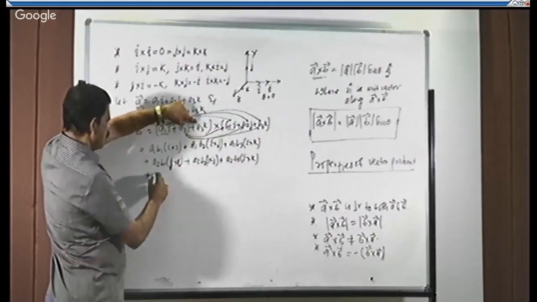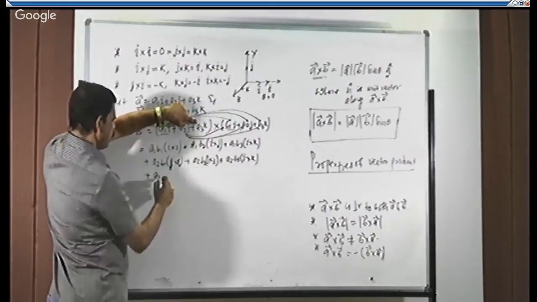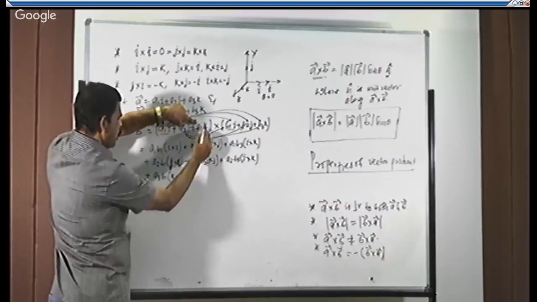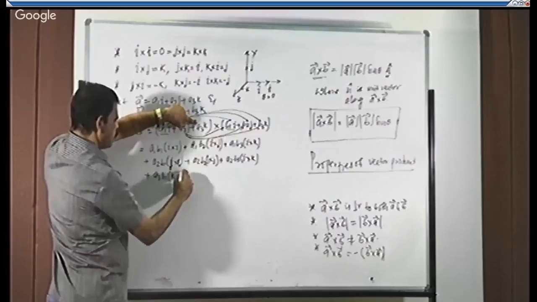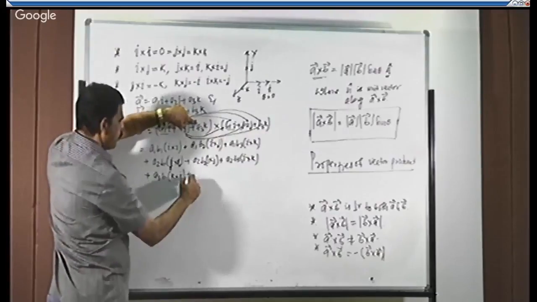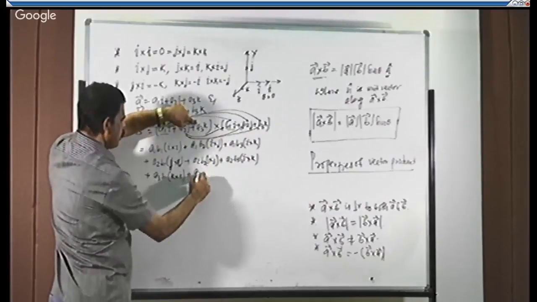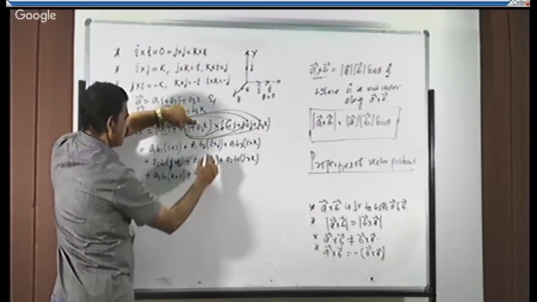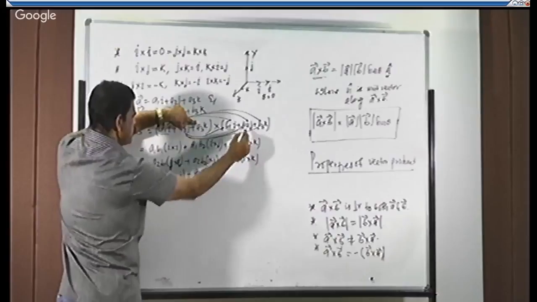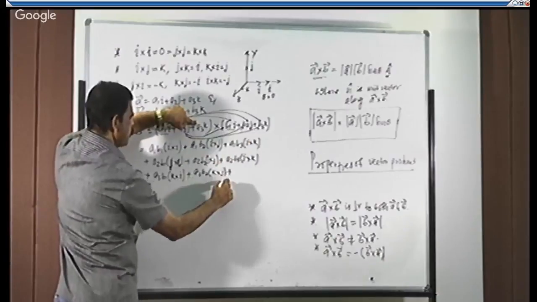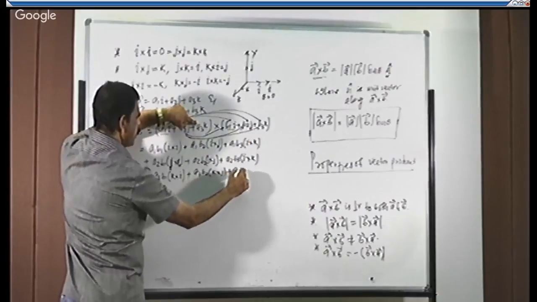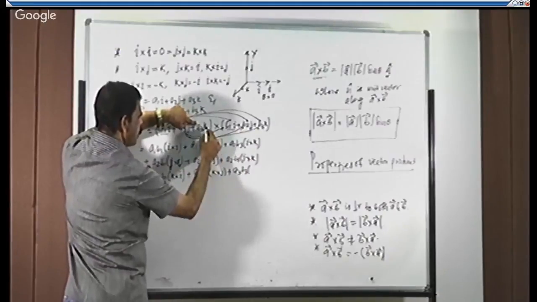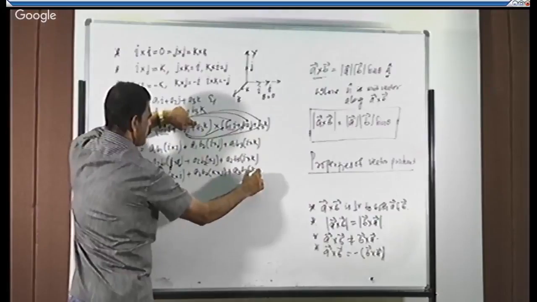That is A3 B1 into K cross I, plus A3 B2 into K cross J, plus A3 B3 into K cross K.